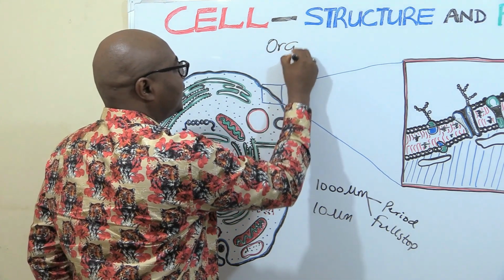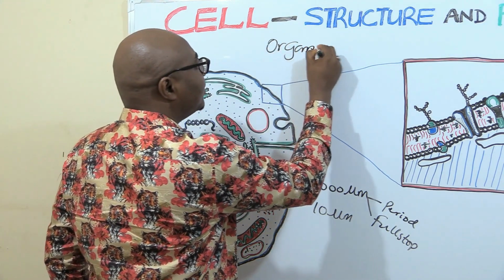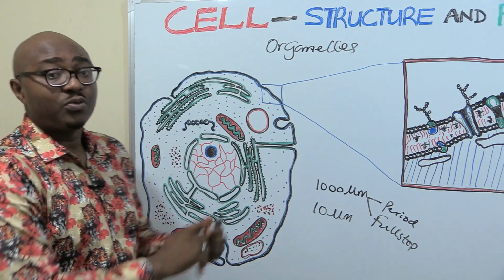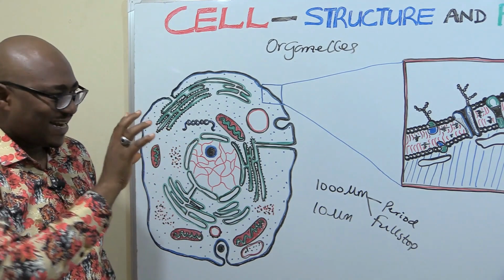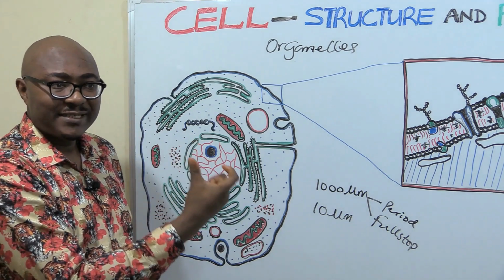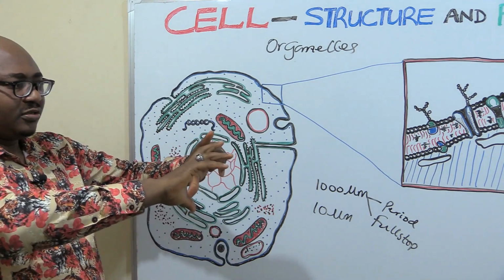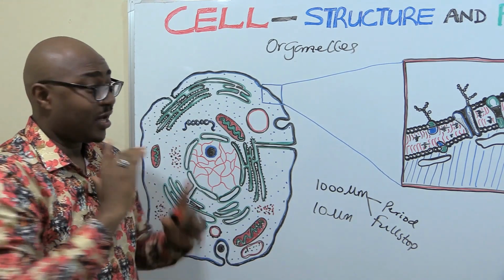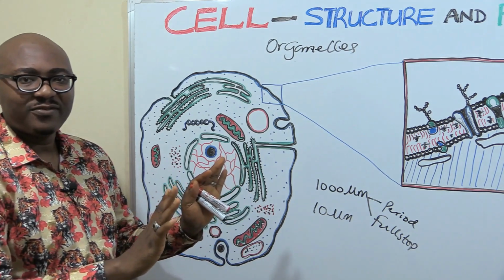Organelles. You've heard of these things before; they're not new to you. We're going to be looking at them in more detail, because the cell is the basic structural and functional unit of life.